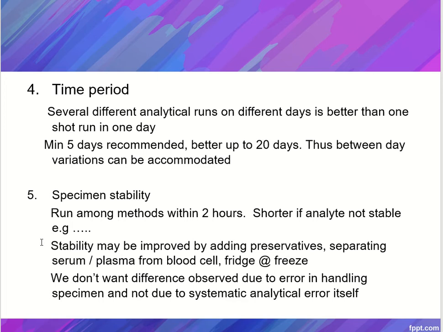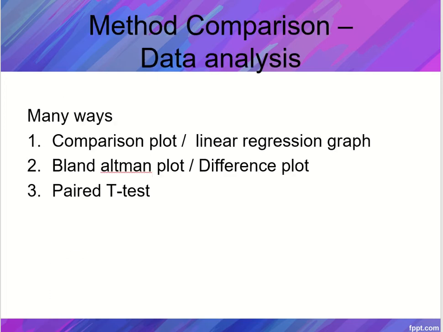Stability may be improved by adding preservative, separating serum or plasma from blood cells, or by using the fridge or freezer, because we don't want differences observed to be due to error in handling specimens and not due to systematic analytical error itself.